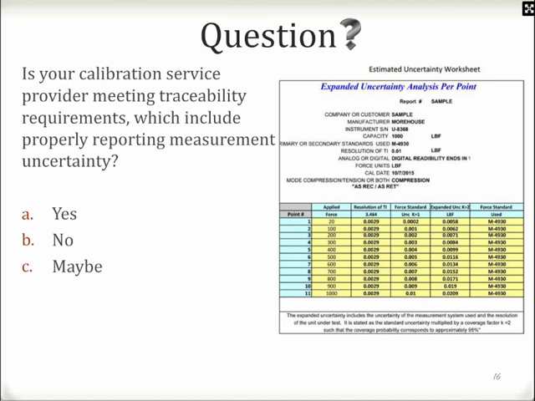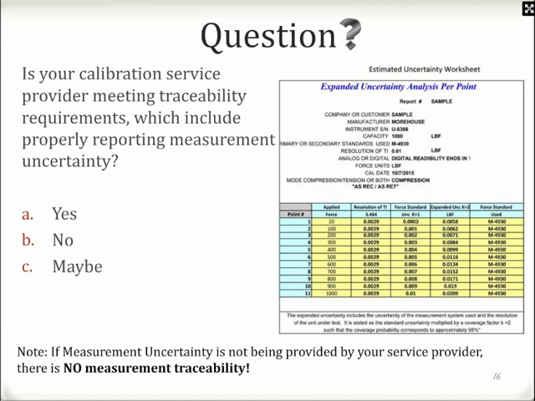Your choices are A, yes, B, no, or C, maybe. You can make your choice by selecting the appropriate button on your screen. Again, is your calibration service provider meeting traceability requirements, which include properly reporting measurement uncertainty? Yes, no, or maybe. As you make your selection, I will hand the presentation back over to Henry Zumbert.